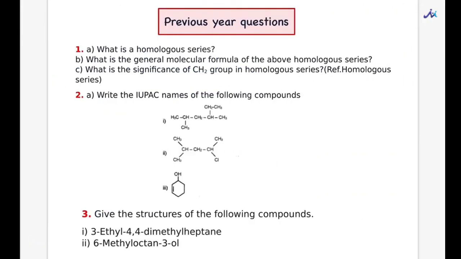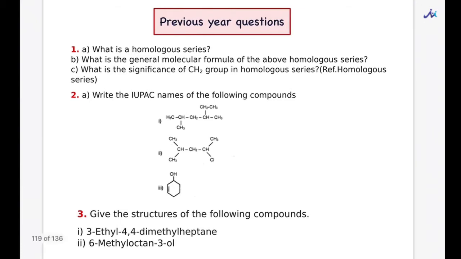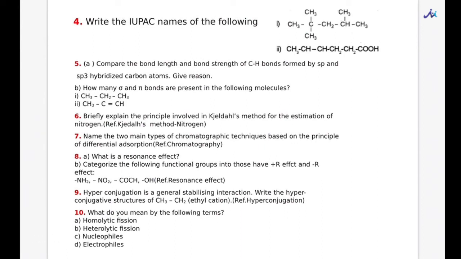In previous years, questions related to homologous series about its definition, molecular formula, nomenclature of different organic compounds, how to draw the structures of organic compounds in different methods or manner, counting sigma and pi bonds, comparison of bond length and bond strength of carbon-hydrogen bonds in different hybridized orbitals of carbon atoms were asked repeatedly in the examination, estimation of nitrogen using Kjeldahl's method, types and principles of different chromatography techniques, resonance structure and effects of resonance and hyperconjugation.